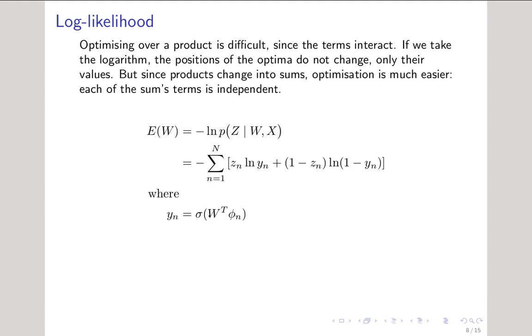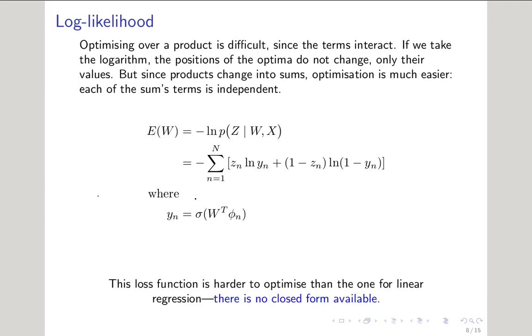It's also the form from linear regression, and it's made nonlinear by this sigmoid function. The form of this error function, after applying the logarithm, has a special name that you might have heard before. It's called the cross-entropy error function, or sometimes the log loss. But I'll leave that to you to investigate. In linear regression, we were able to find a closed form solution because we had a set of linear equations. Now we have a set of nonlinear equations. That means that we don't have a closed form for the solution.